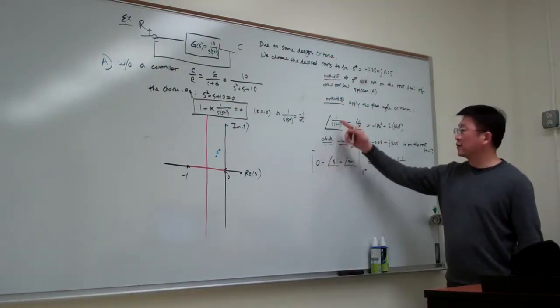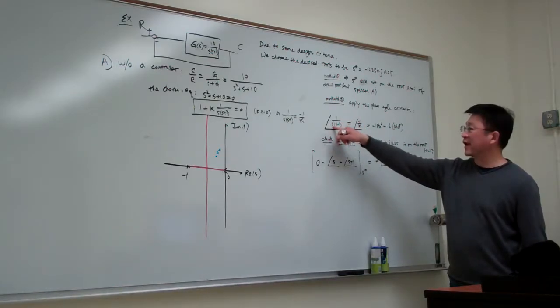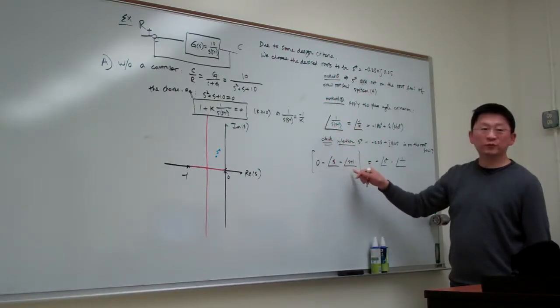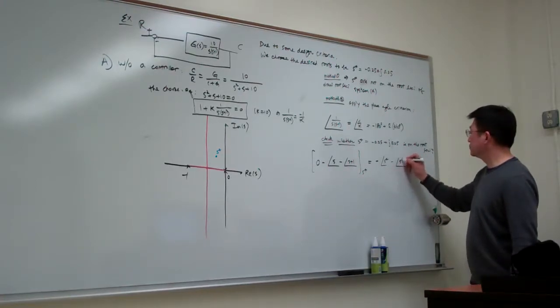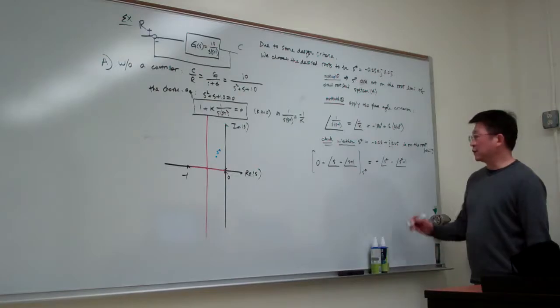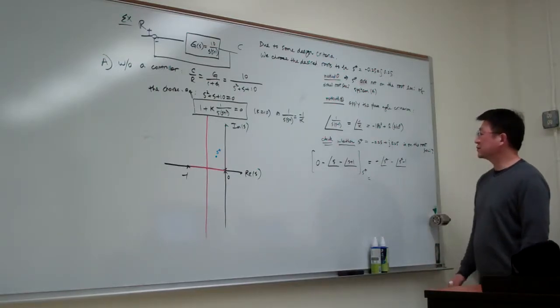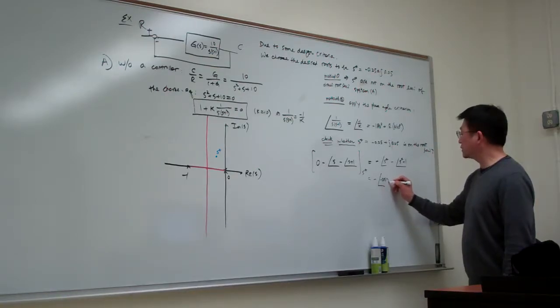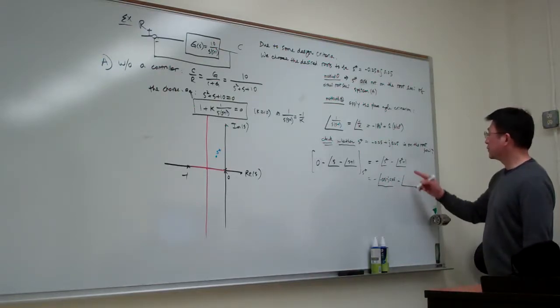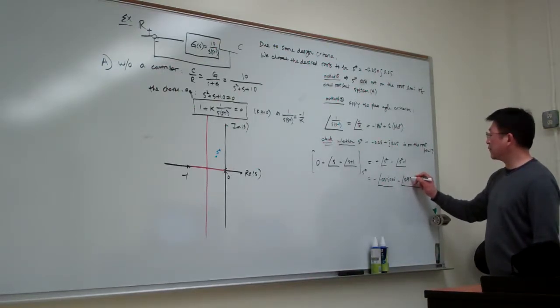That is the angle of the numerator minus the angle of the denominator, which has 2 portions, right? So I modify that one. Now we can do the calculations. For this one, that is minus 0.25 plus j0.25, and minus 0.75 plus j0.25.